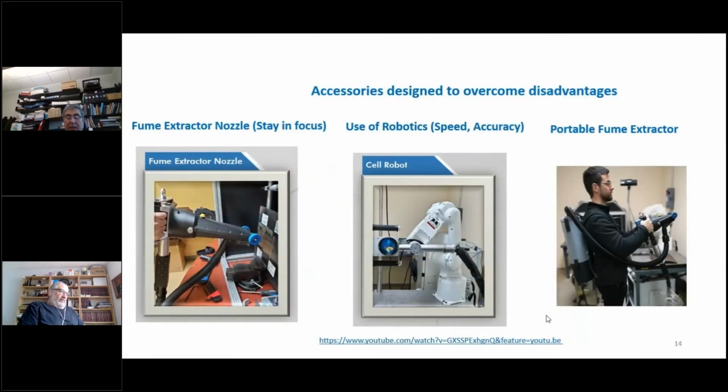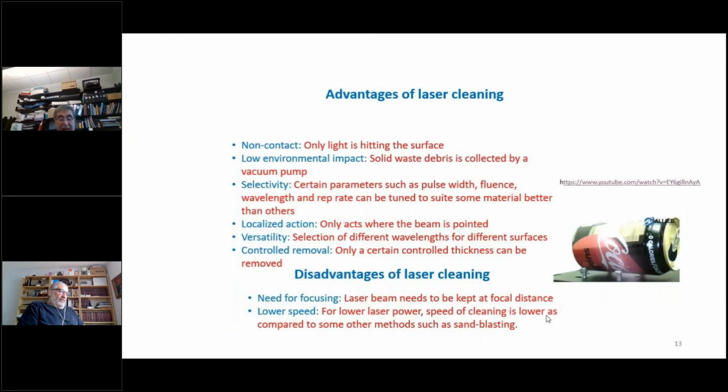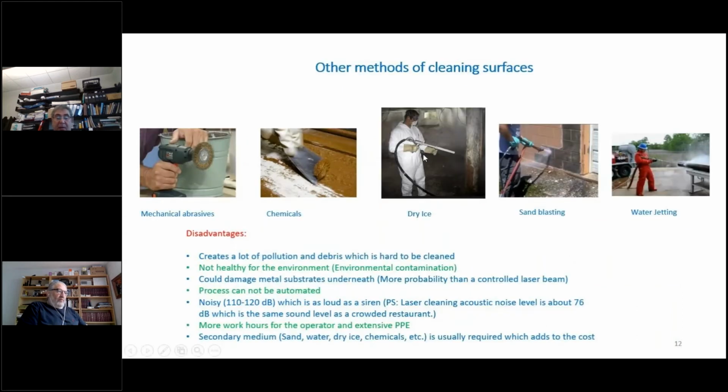Next, we want to talk a little bit about disadvantages of laser cleaning, because no technique is perfect. So laser cleaning is also not an exception, and there are some disadvantages. One of them is the need for focusing. For a sandblaster, for example, the operator could stand at any distance as long as you're within the vicinity of the wall and do the job.